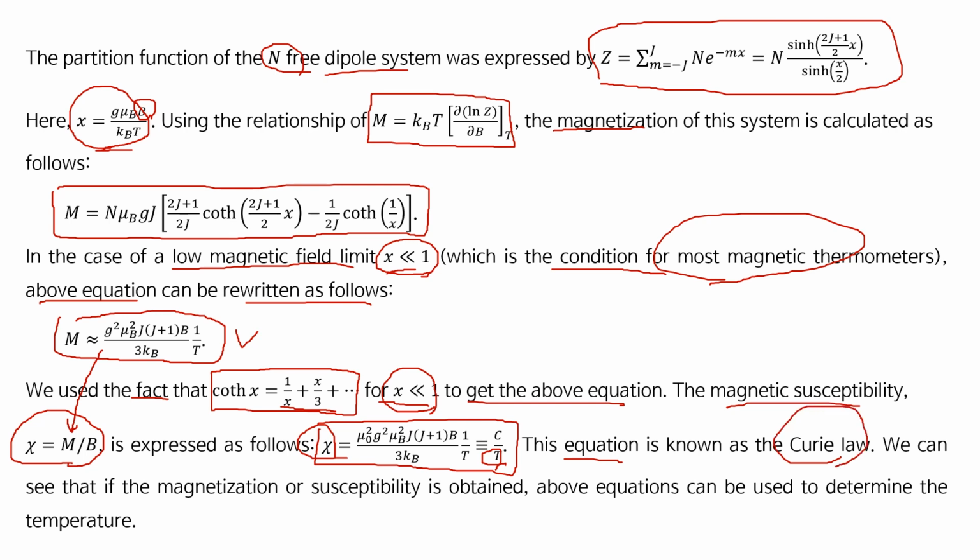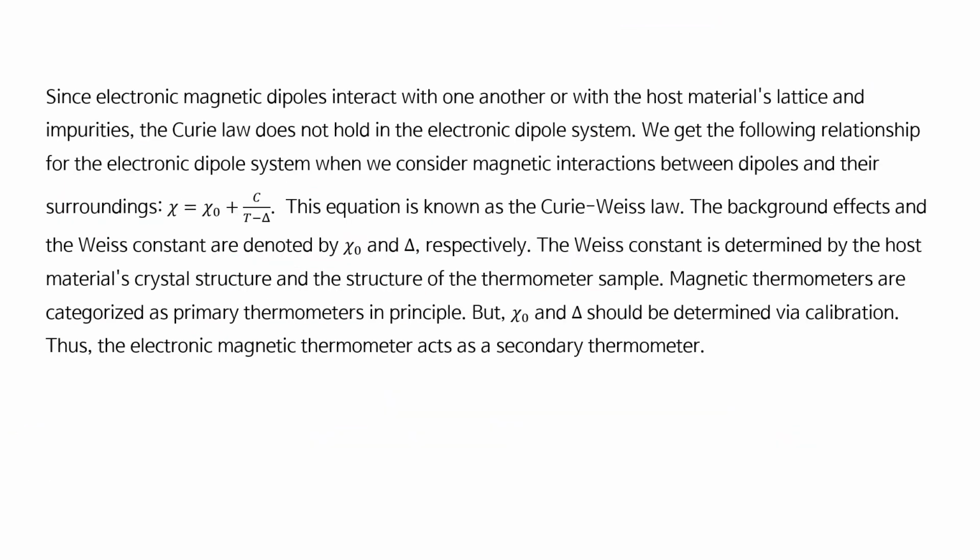We can see that if the magnetization or susceptibility is obtained, then it can be used to determine the temperature. Since electronic magnetic dipoles interact with one another or with the host material's lattice and impurities, the Curie law does not hold in the electronic dipole system.